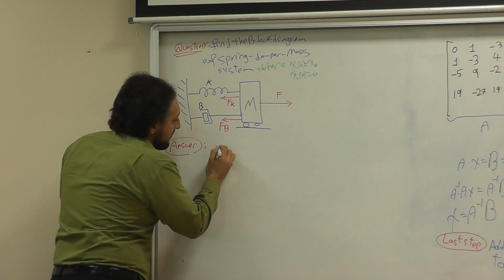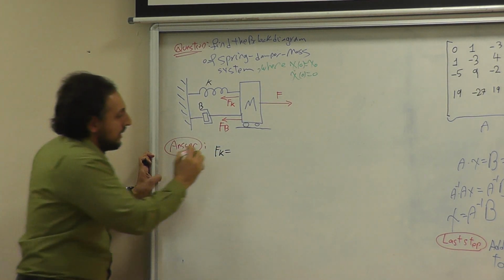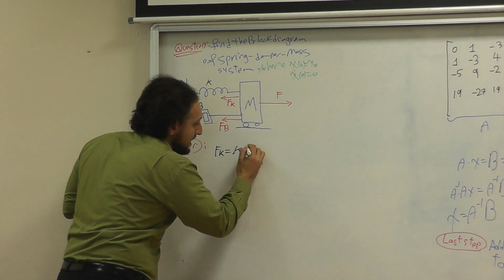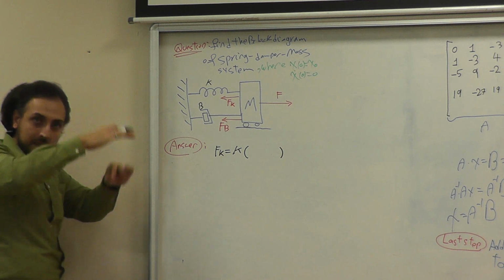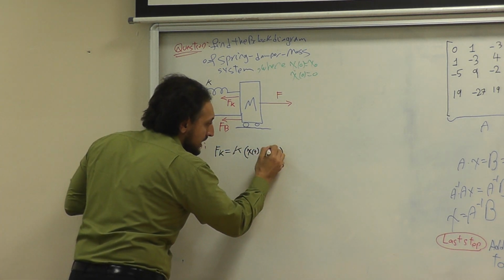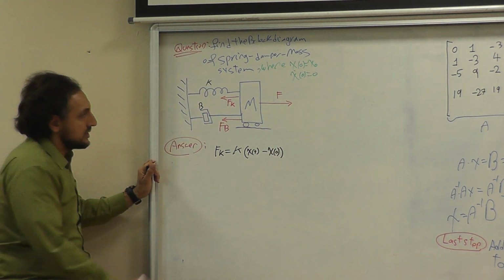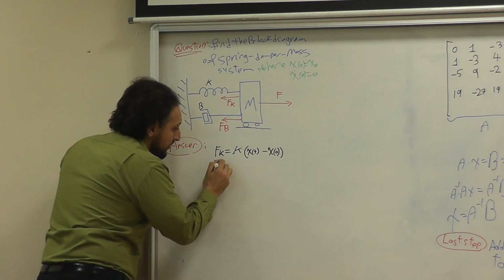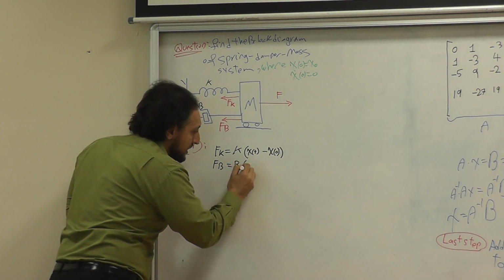What is Fk? Equal to K multiply what? Displacement, which is x t minus x 0, the initial condition. What is Fb? B multiply what?